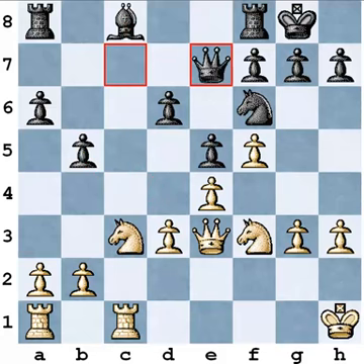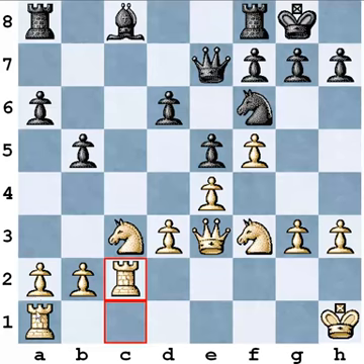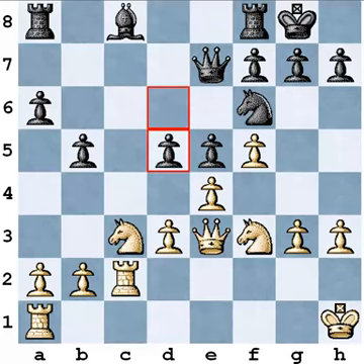White played rook c2, preparing to double his rooks on the c-line, and black played d5 to attack white's center. I don't comment on these moves too much because they are not so important for the topic of this lesson.